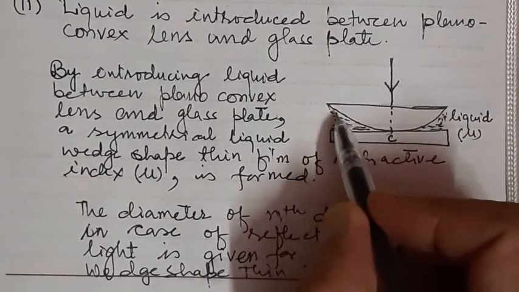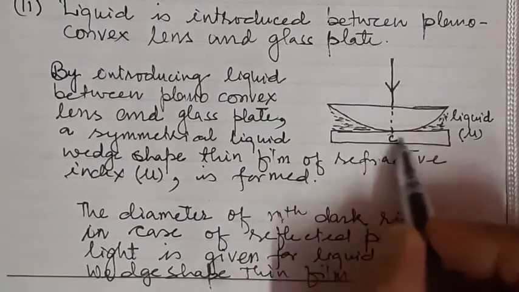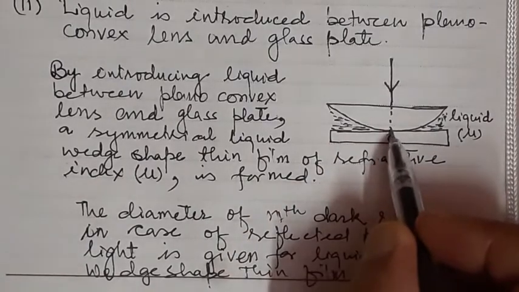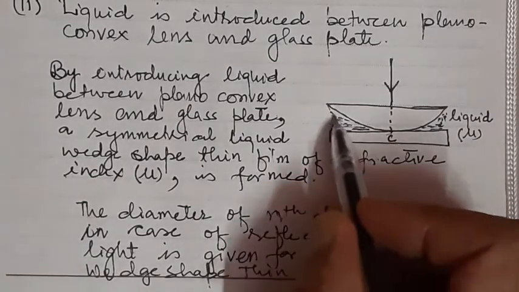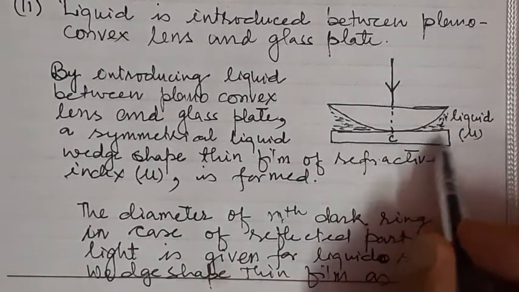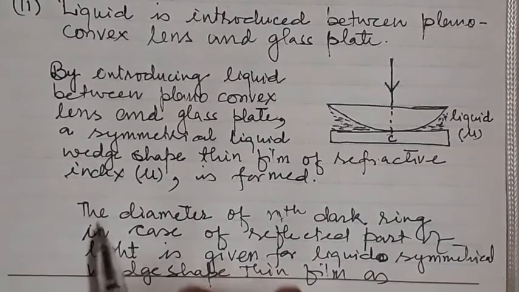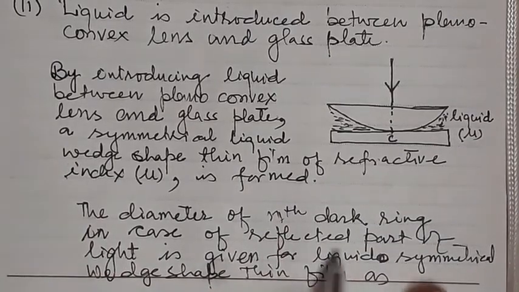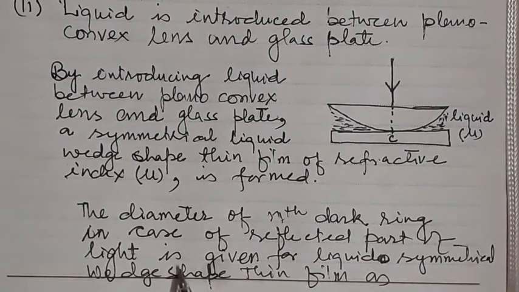This is between the lower surface of the plano-convex lens and the upper surface of the glass plate. About the contact point, a symmetrical liquid thin film of refractive index mu is formed. The diameter of the nth dark ring in reflected light is given for a liquid symmetrical wedge-shaped thin film.